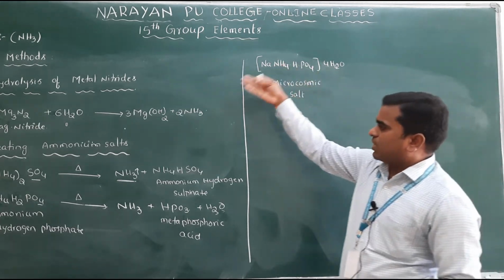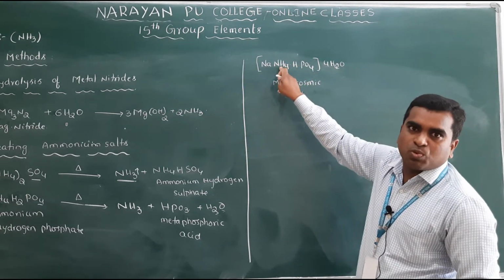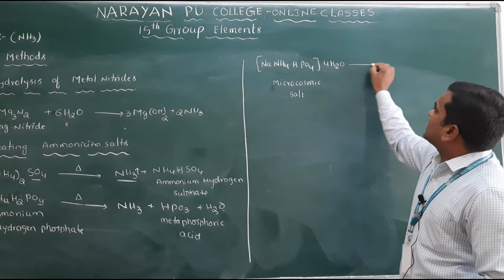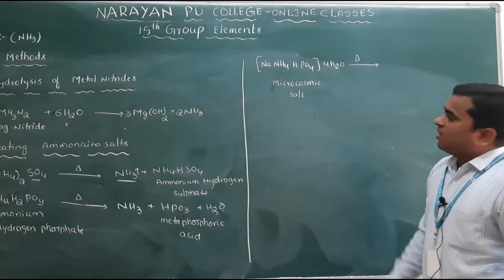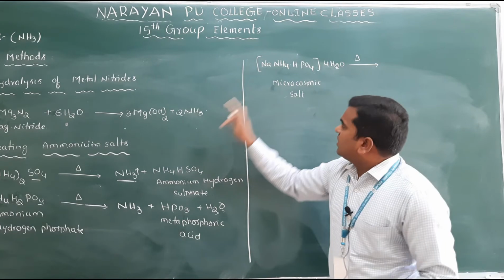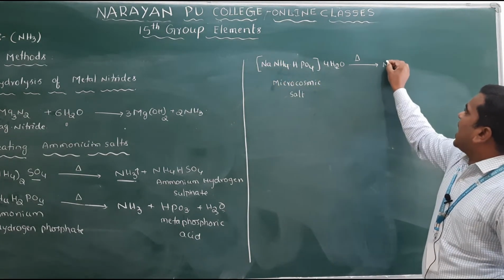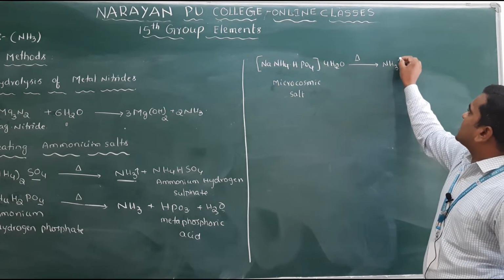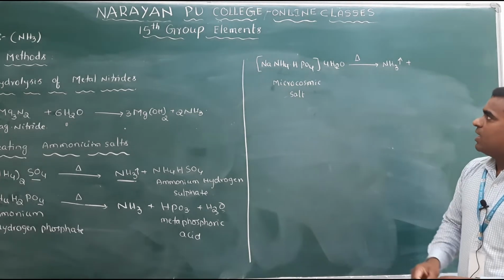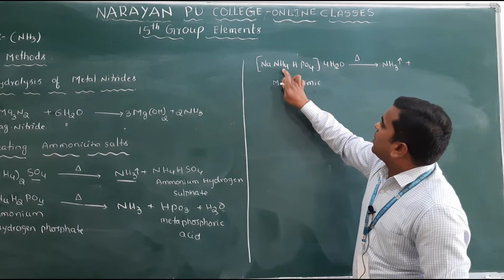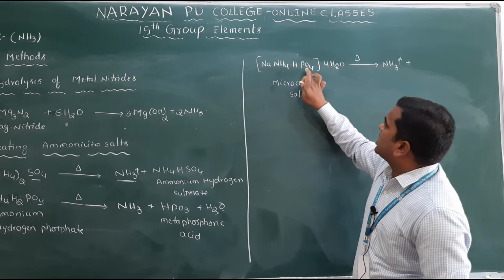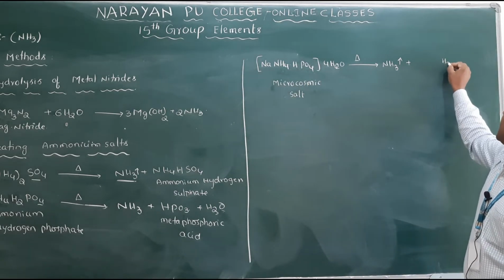This is also a salt, an ammonium salt, because NH4 is there, and just heat it. What will you get? Same method. See, NH4 is there and it will be removed as NH3 gas. Next one. Here one hydrogen, here one hydrogen, two hydrogens, and one oxygen will be removed as water.